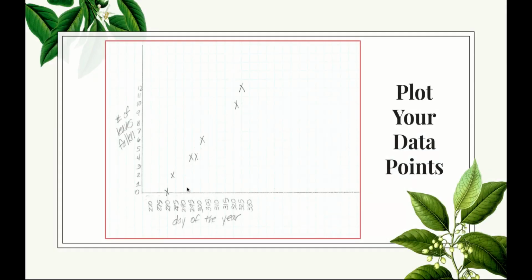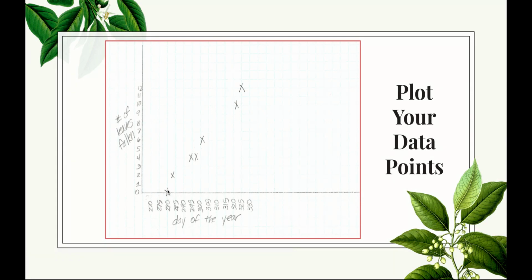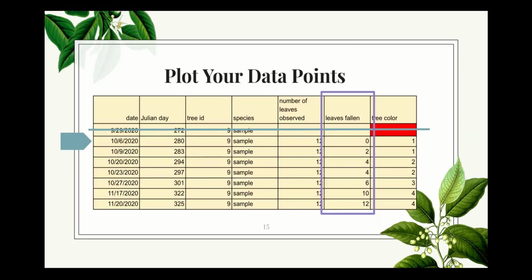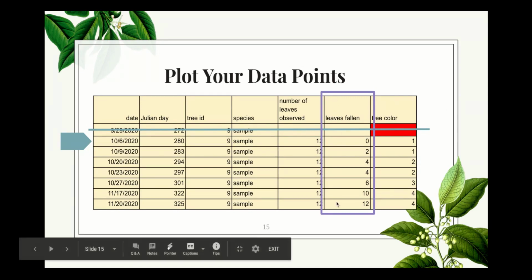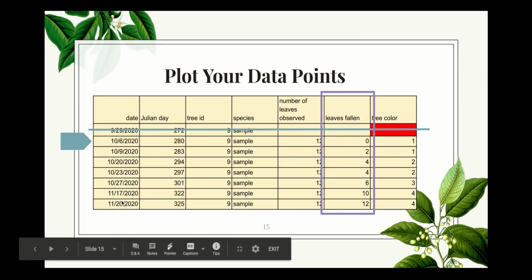So I would place an X where 280 and 0 meet, right there. You're going to repeat that process for all of the data listed in the leaves fallen column. So you'll plot data points for October 6th, October 9th, October 20th, October 23rd, October 27th, November 17th, and November 20th.